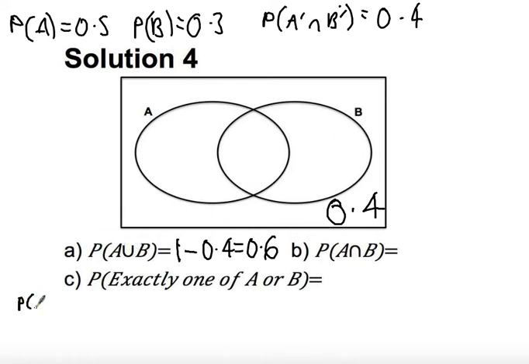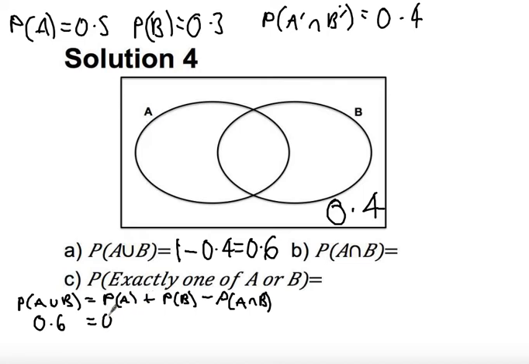That's the probability of A union B equal to probability of A plus the probability of B minus the probability of A intersect B to find A intersect B. So I know A union B we've just calculated is 0.6.